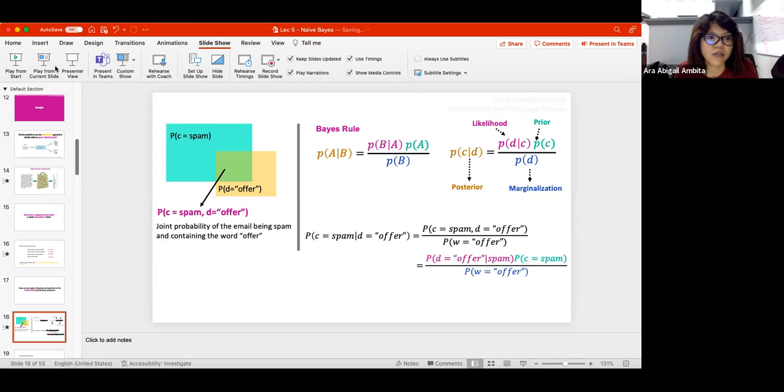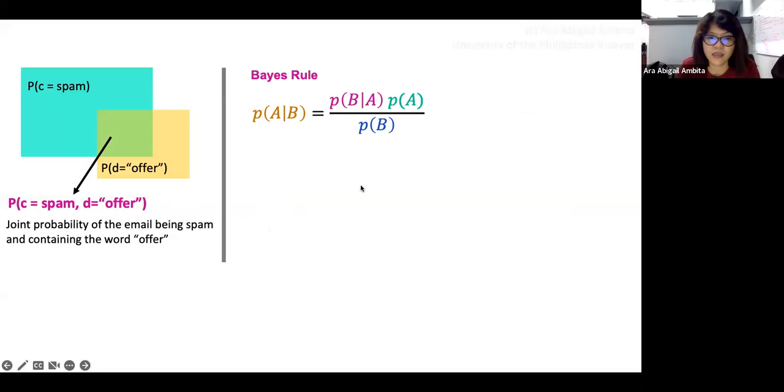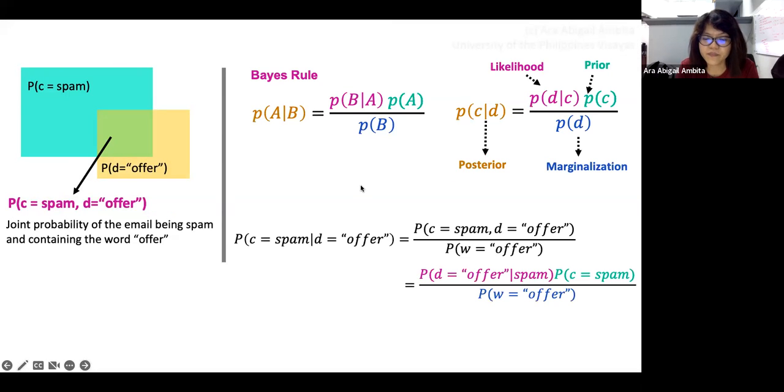Okay. So essentially, this joint probability is equivalent to the probability of the word offer appearing given that it is a spam message times the probability of spam, divided by the probability of observing the evidence, or observing that the word offer does appear in the document or the email.